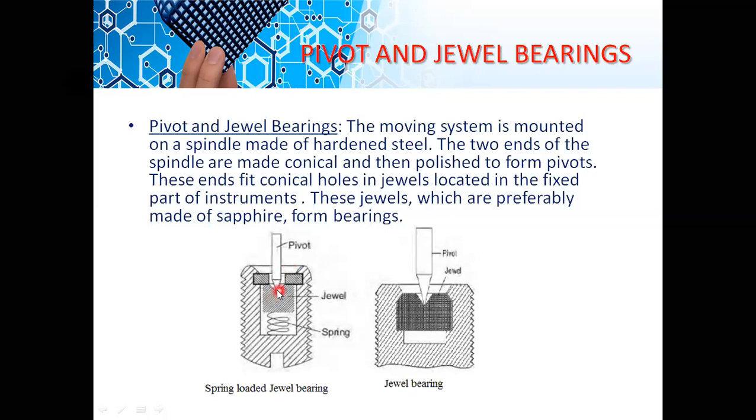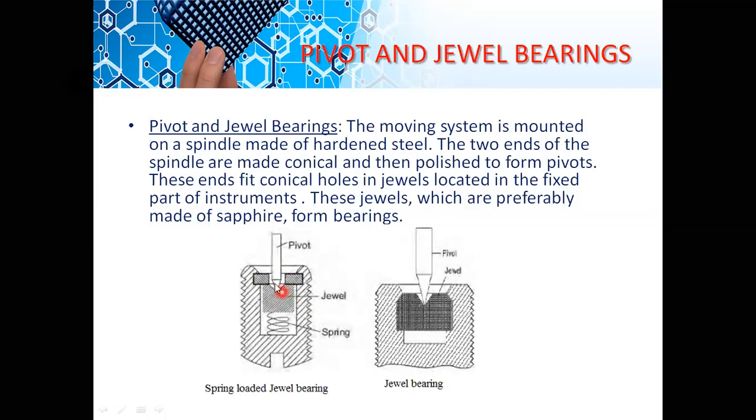So friction will be very less. So these ends fit in conical holes in a jewel located in a fixed part of the instrument. So this is a fixed part of the instrument. Similarly, you will have the fixed part on the other side of the spindle too. These jewels are preferably made of sapphire to form a bearing.